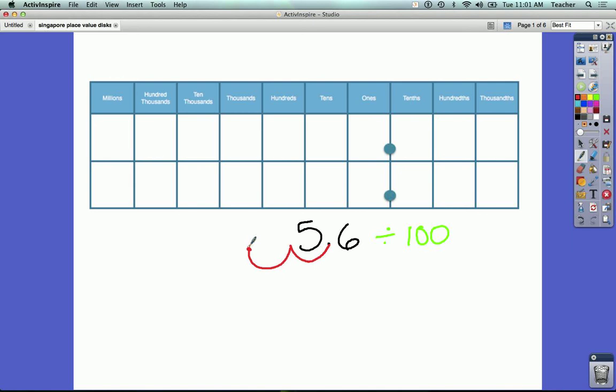So I went 2 places. Can I just leave it like that, hanging out in the middle of nowhere? What do I need to do? Put a 0 before the 5. So now we know that 5 and 6 tenths divided by 100 equals 0.056. What place is that? Thousandths.